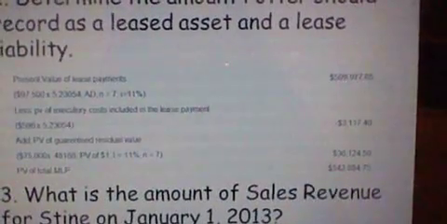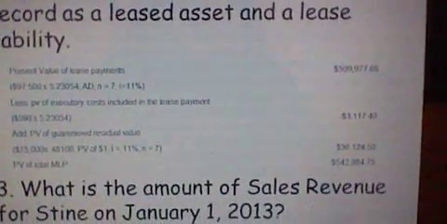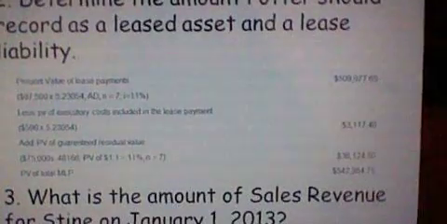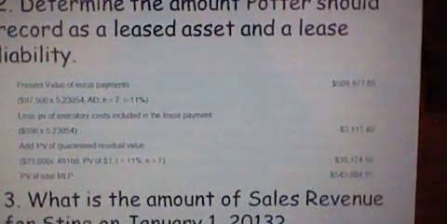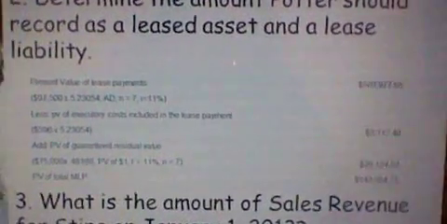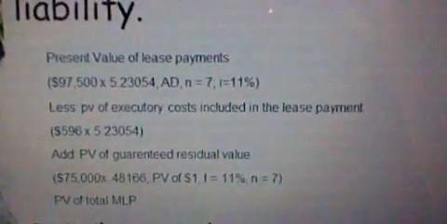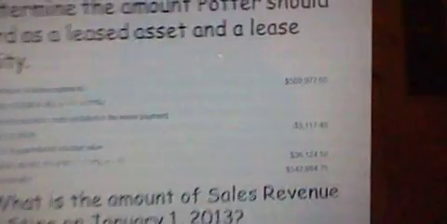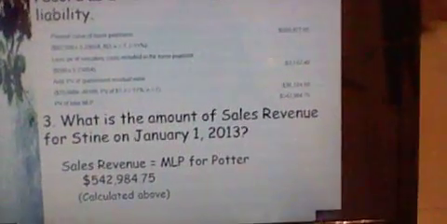And we find that total MLP is equal to present value of lease payments less PV of executory costs included in the lease payments, plus the PV of guaranteed residual value. Those numbers are given in the chart, and all of that equals $542,984.75.